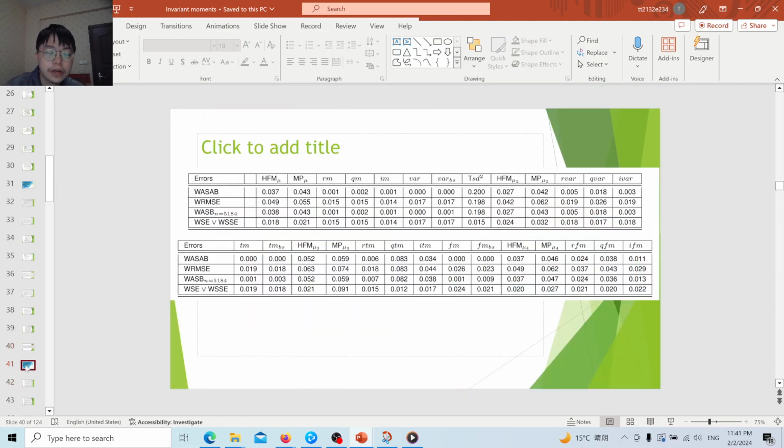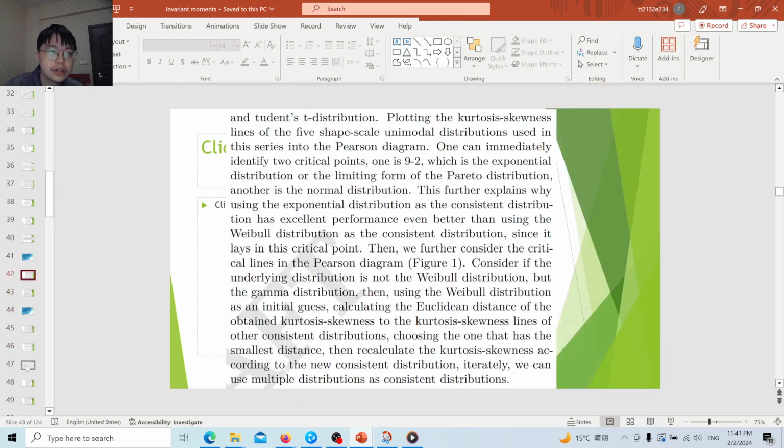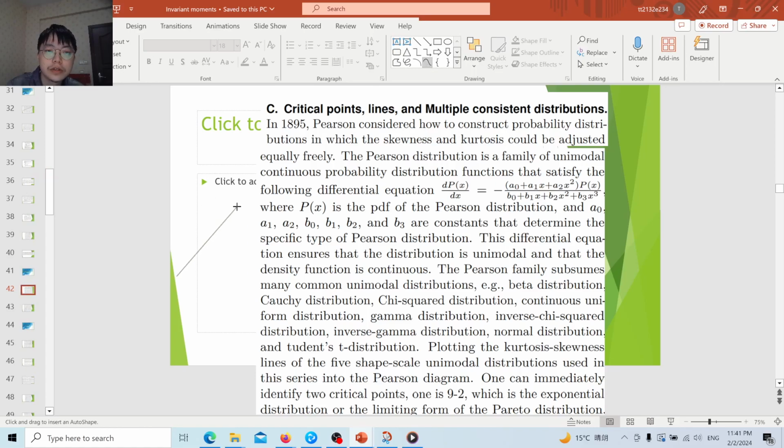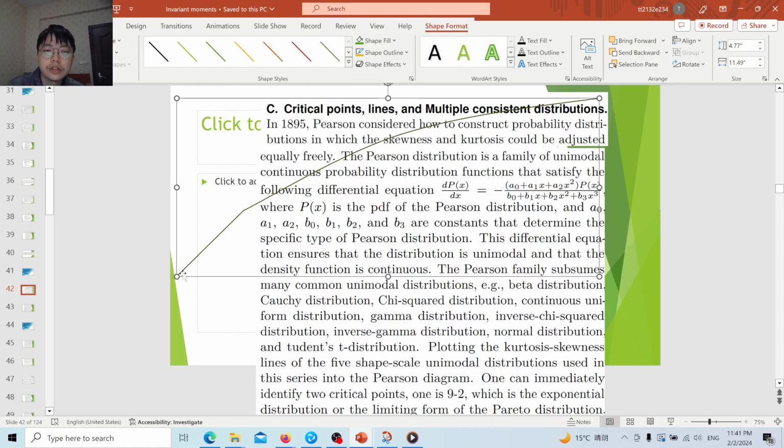But before that, I would like to first introduce another candidate called multiple consistent distributions. For example, if we use a shape-scale distribution as the consistent distribution, then each skewness corresponds to a kurtosis, so there is a one-to-one correspondence between skewness and kurtosis.